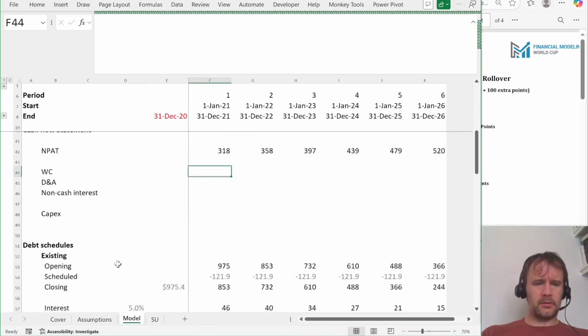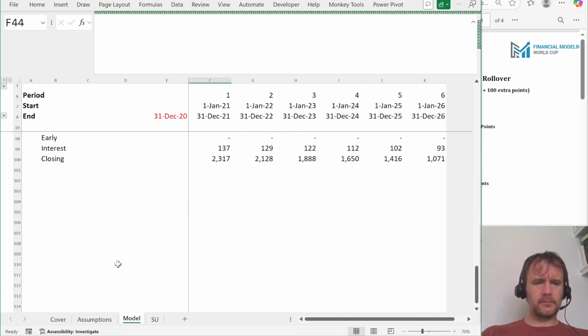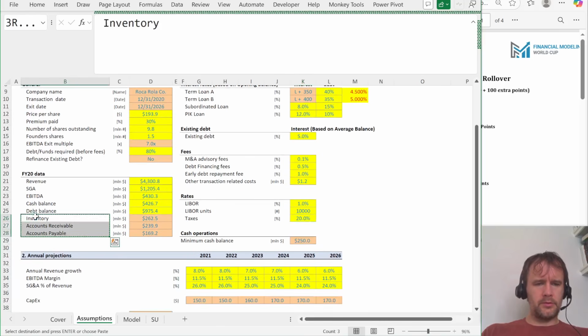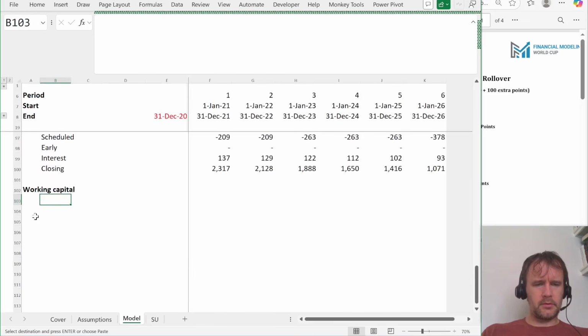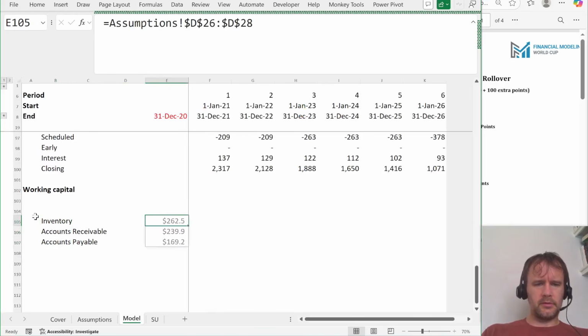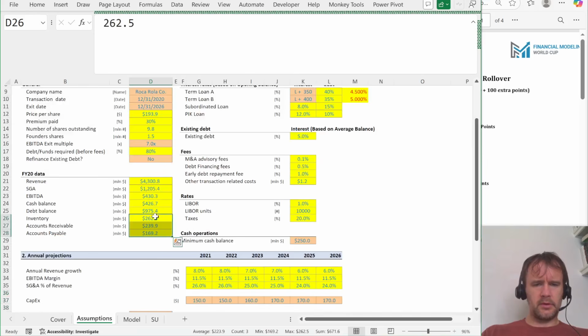Then our working capital will need to work out. So we've got inventory, accounts receivable, accounts payable. Initial balances of these, and we've got days here.